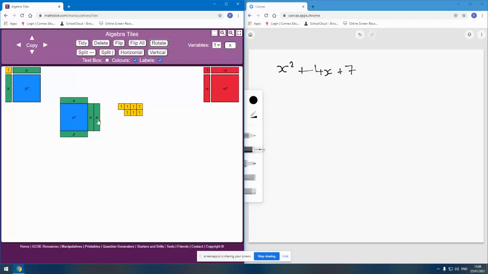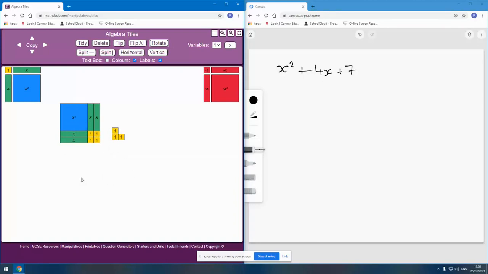Occasionally you see that, particularly with 4x, with x's around each side, but typically, if they've used them before for expanding and factorizing, then they're used to having a blue square at the top left, x's on either side of it. And then, of course, they'll fit their 1 tiles in, and what we can see here is we've got a complete square, with 3 extra ones.